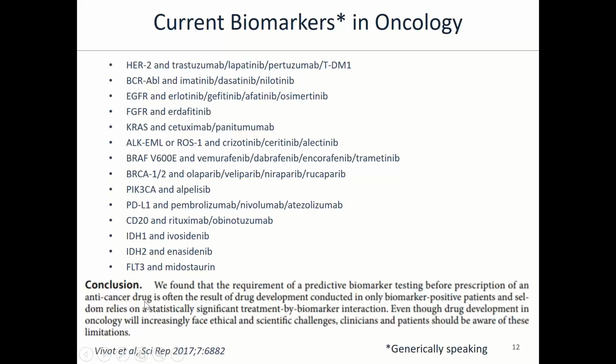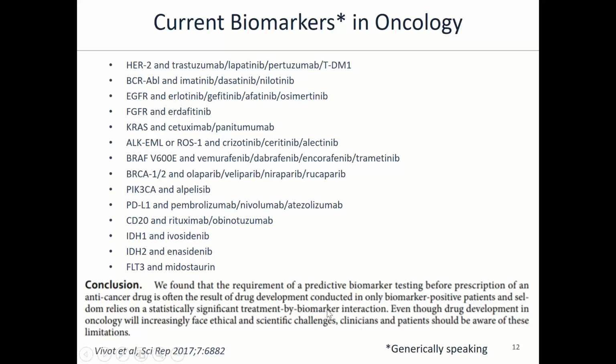I just copy and paste the conclusion of a study in which the authors tried to find whether the available biomarkers in oncology, the predictive biomarkers, were really tested based on, let's say, the best possible statistical evidence, which is when a treatment by biomarker interaction is really demonstrated, such as the examples that I gave of EGFR mutations and KRAS mutations. And they came to the conclusion that in many cases this is absent.